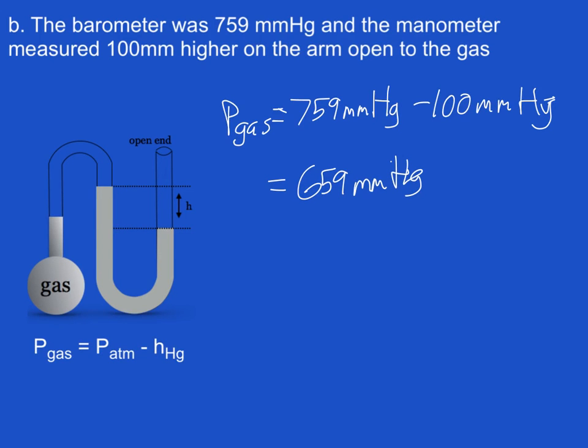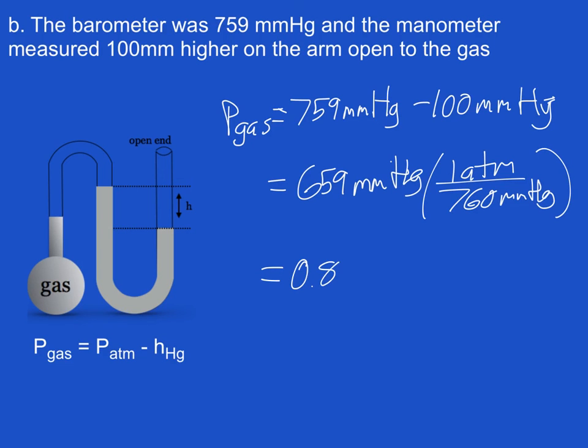And the 659 millimeters of mercury, we need to convert into atmospheres the same way we did before, 1 atmosphere over 760 millimeters of mercury. The answer we get here is going to be 0.867 atmospheres.